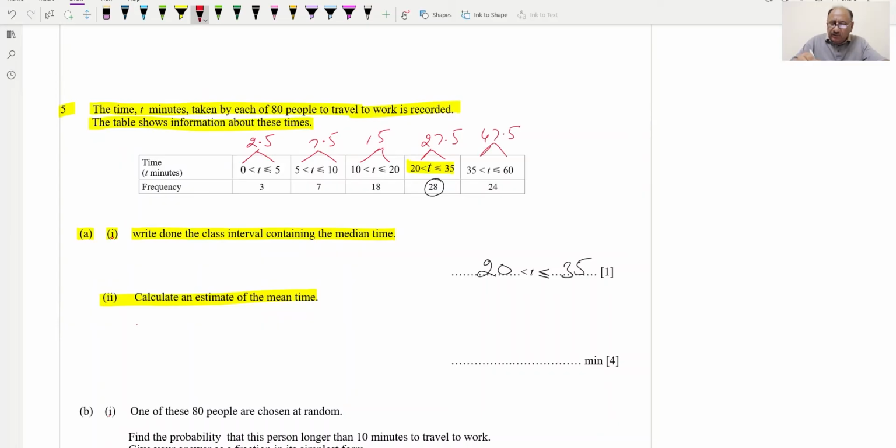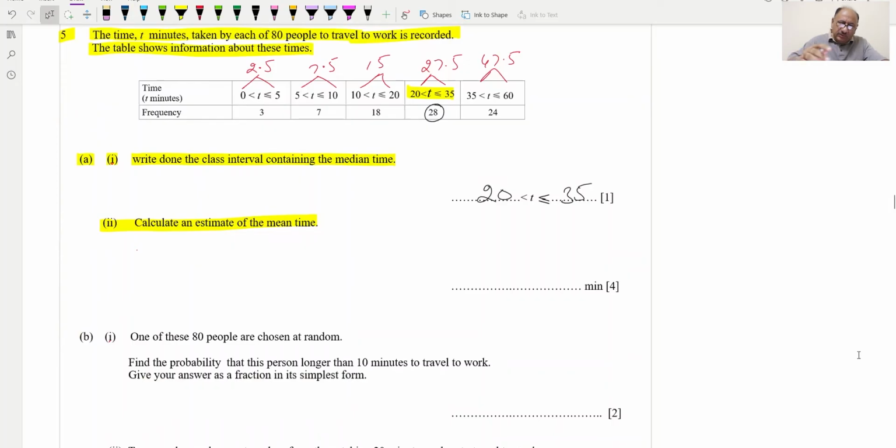You can add 35 plus 60 and divide by 2, and you will get that midpoint. Now we can apply the mean formula. The formula for mean is: mean is equal to sigma fx over sigma f.